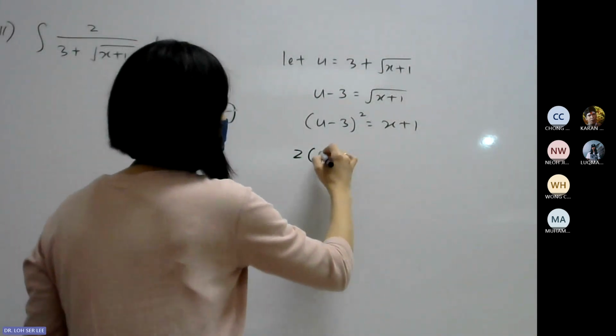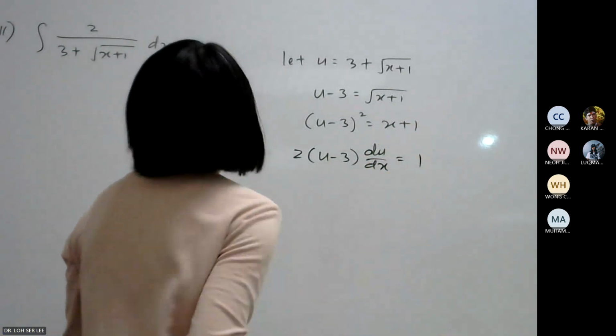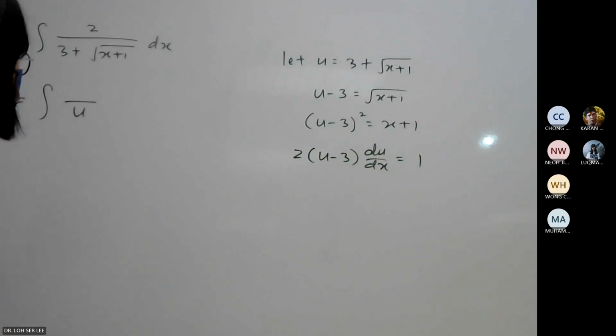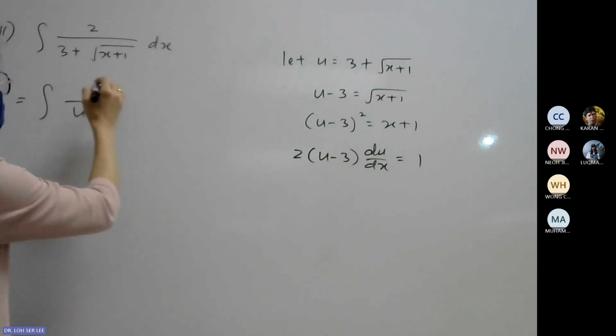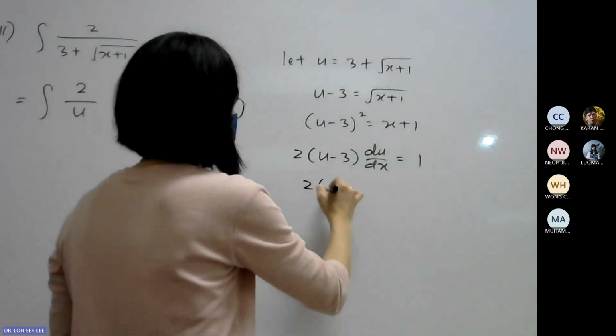You can start to apply the implicit differentiation. Okay, we have 2 over u dx. We want dx.